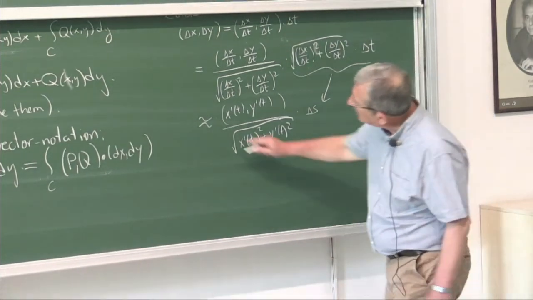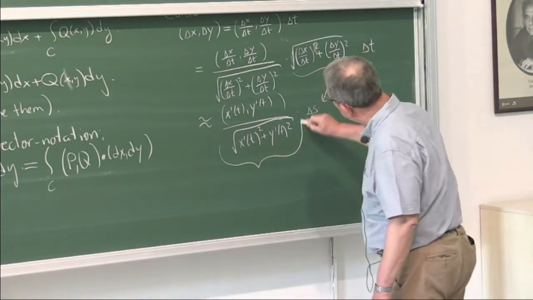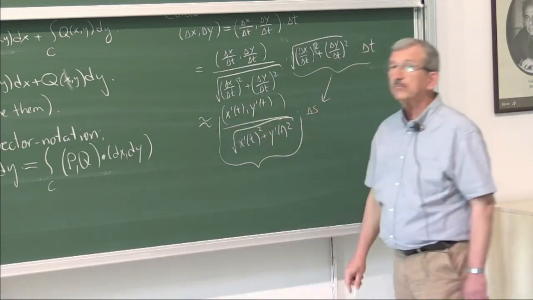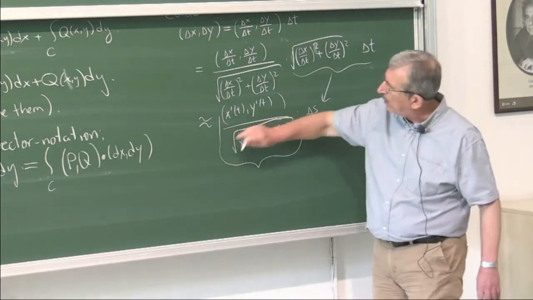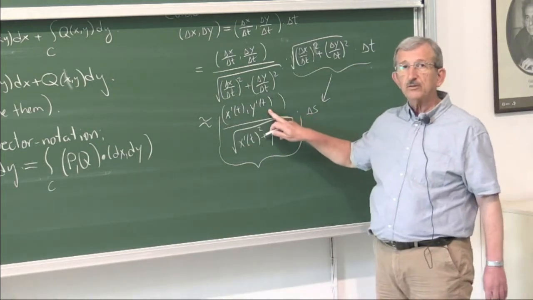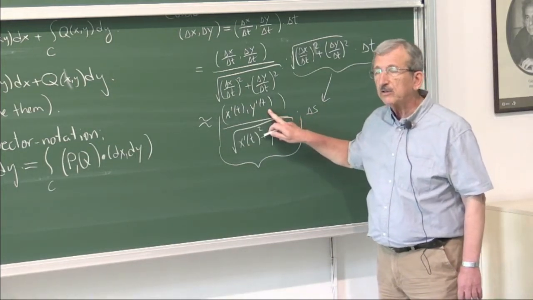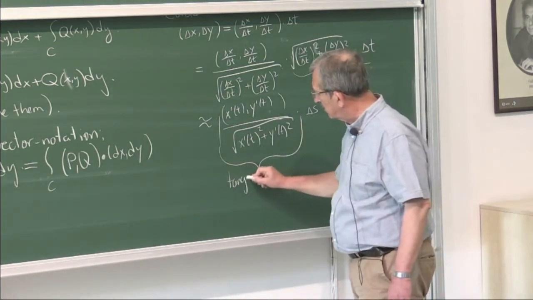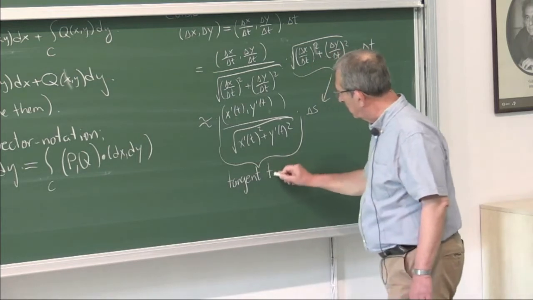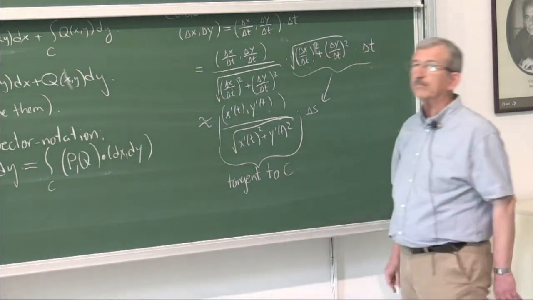Now, this vector is a unit vector, but note the vector itself, forget the norm, it's the derivatives. So it's a tangent vector to the curve. So this is a tangent vector to C. Okay?